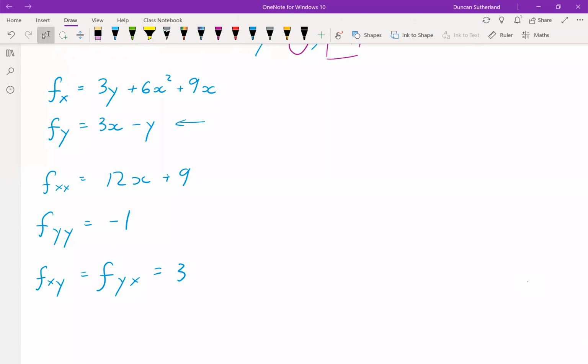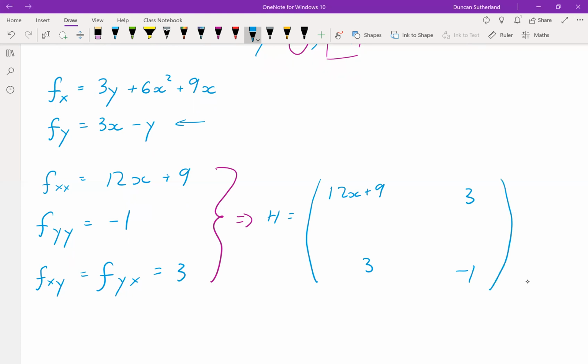All right. So we can collect all of these bits and put them into our Hessian. So we got 12x plus 9. We got -1 down here, got 3, and we got 3. Right.